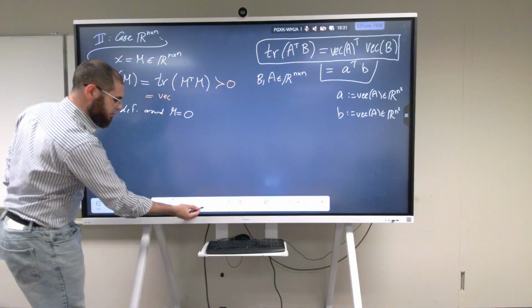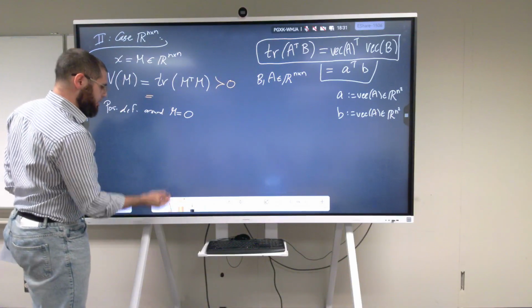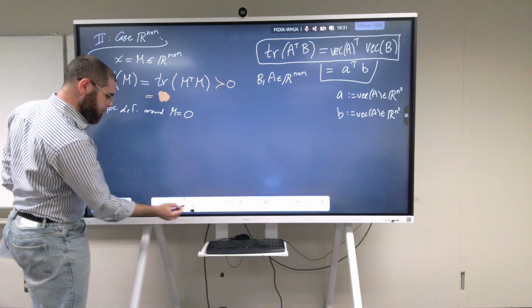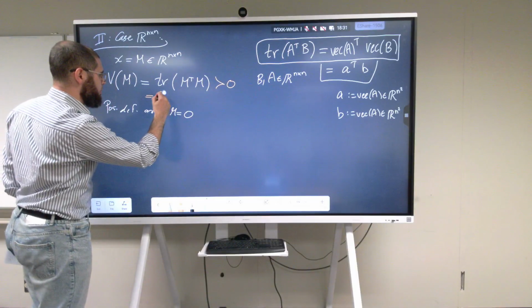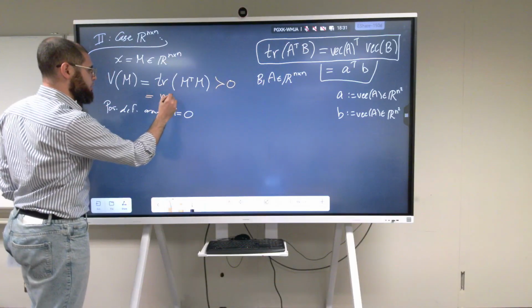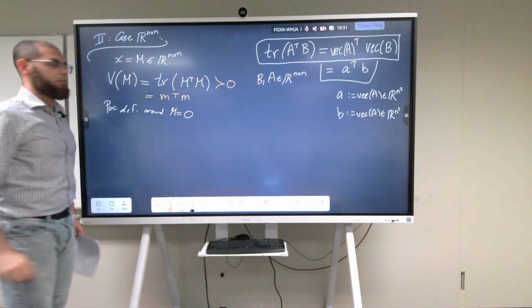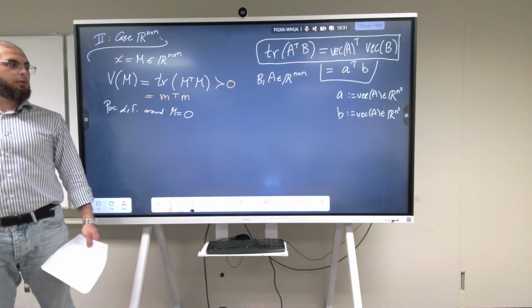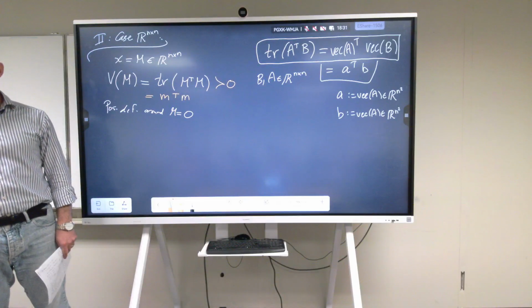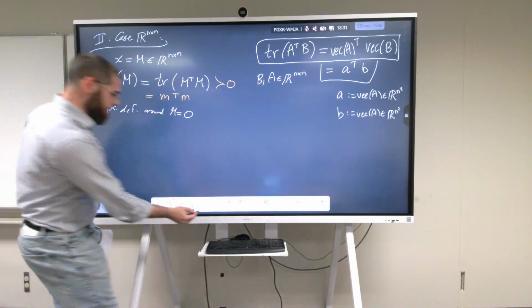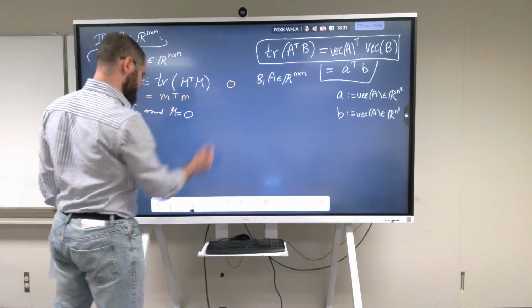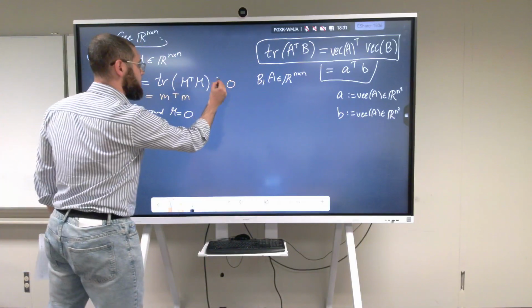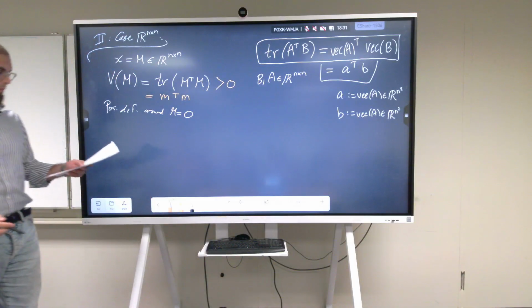So let me call this M transpose M. You see, it's exactly the same quadratic form. Is this the curly or just the plain greater than? That's absolutely yes, that's just the normal one. Okay, positive definite. Make sense?